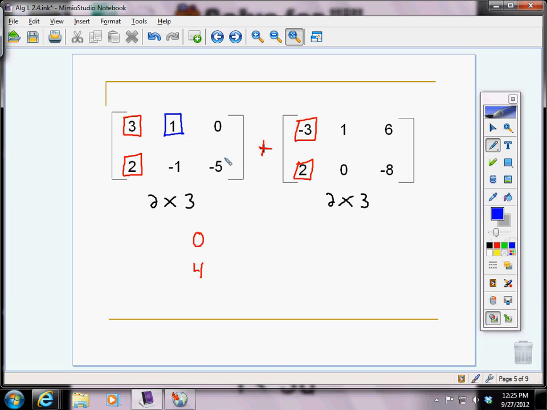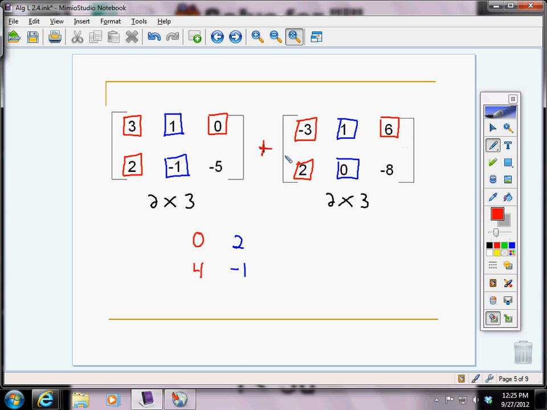In the middle column, top row, we have 1 plus 1, which is 2. Middle column, bottom row, negative 1 plus 0 is negative 1. Again, I'm just adding each individual piece. On our far right column, top row, we have a 0.